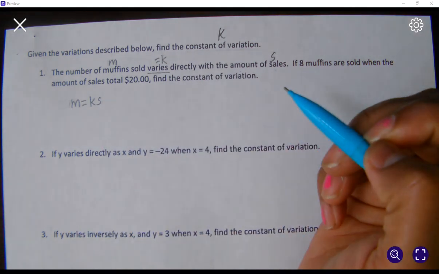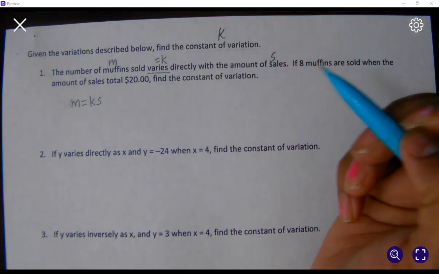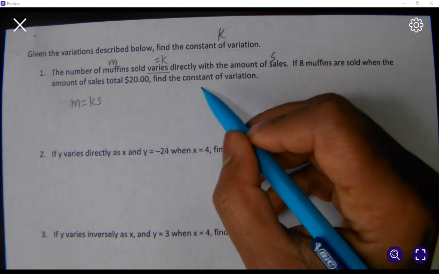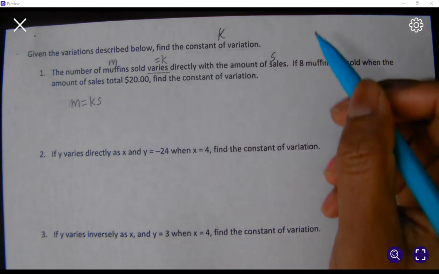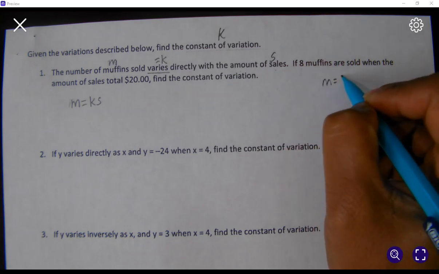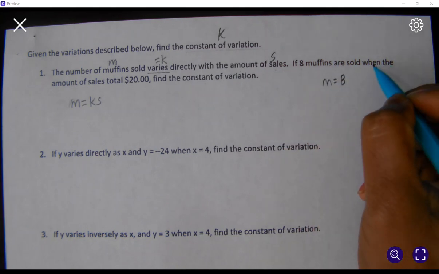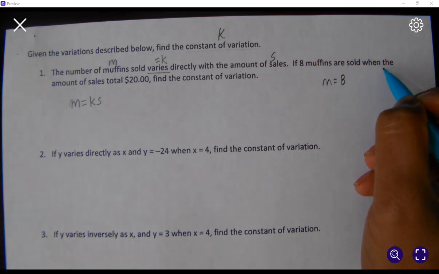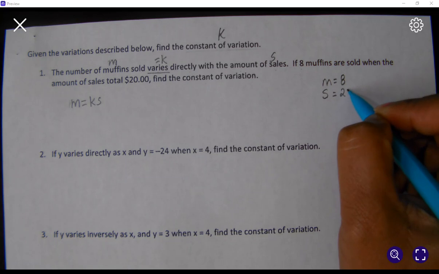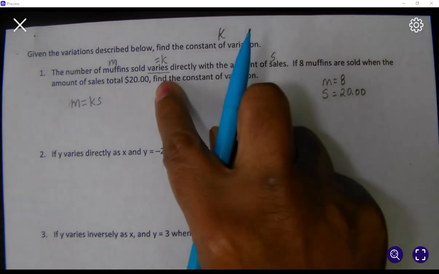Now that I have my equation, I'm going to read the rest of the problem so I can plug numbers in and find what our constant is. It says there are 8 muffins sold with the amount of sales, so my sales is equal to $20. Find the constant.